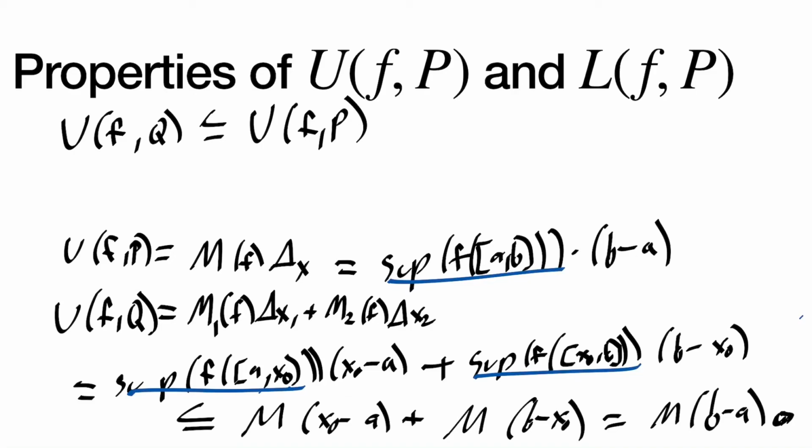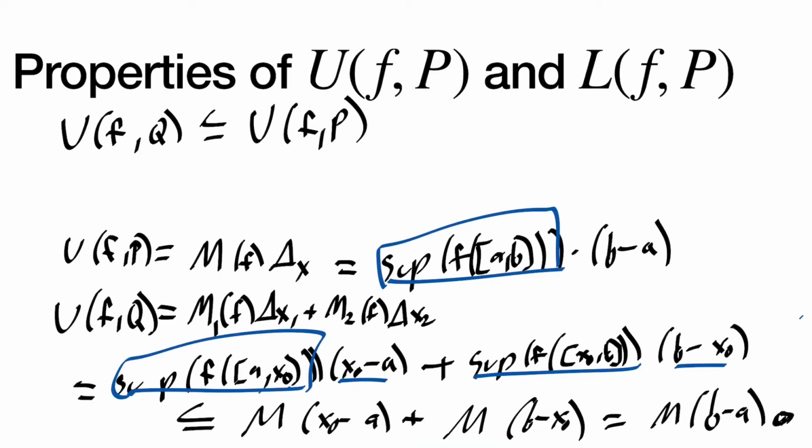So basically what we see is that as you add points to your partition and get a refinement, the refinement just takes the intervals that you were taking the sup of and makes them into smaller intervals. And since they're smaller intervals, the sups could potentially be smaller. Now, they could be the same size, but they could be smaller. But when we add up these outside edges, they're all adding up to the same thing that they were a moment ago. Okay, so this kind of ends that proof.